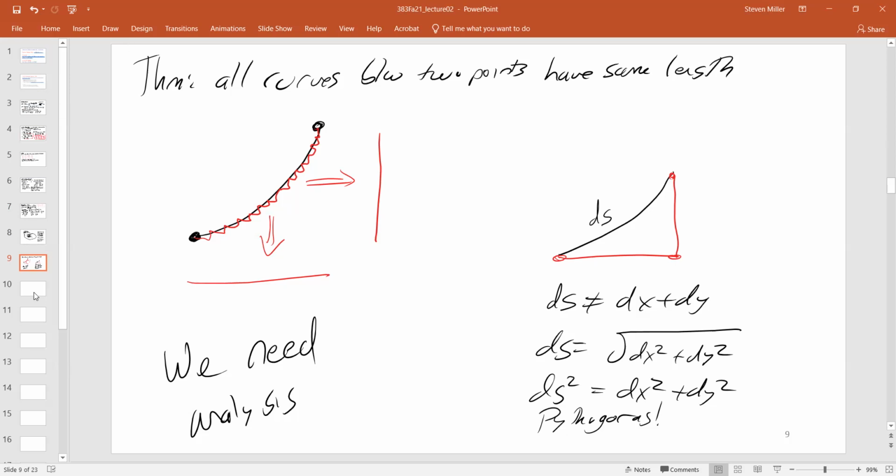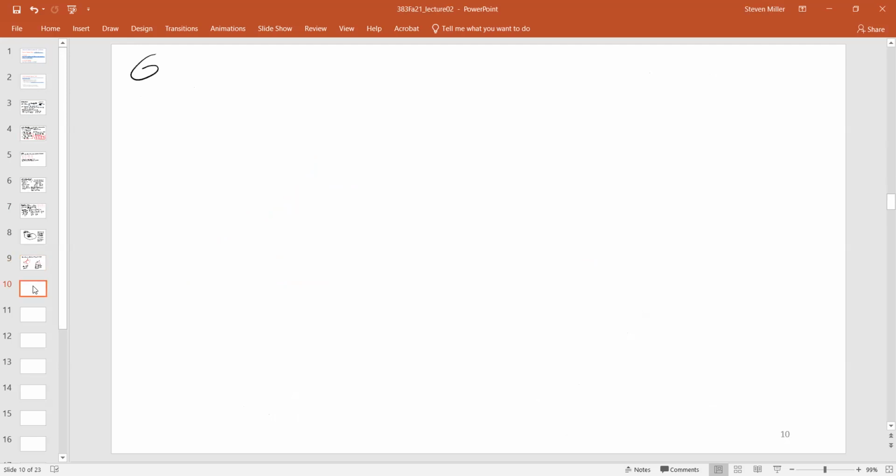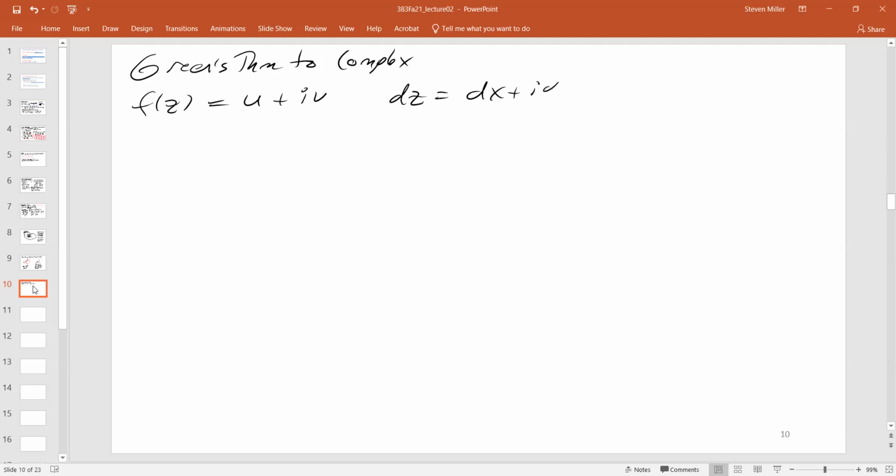All right, so let's see Green's theorem to complex. So let f of z equal u plus iv, and dz will be dx plus i dy. And so now f dz, integrating over gamma, and again, I'm just basically playing extremely fast and loose with the math right now.